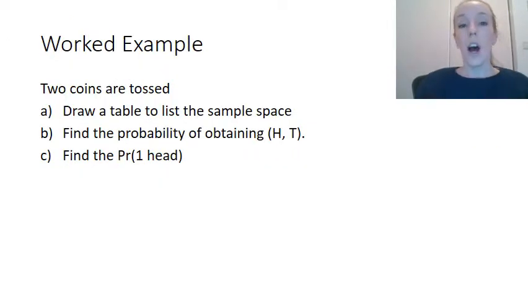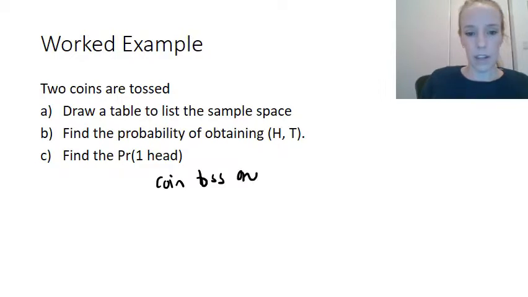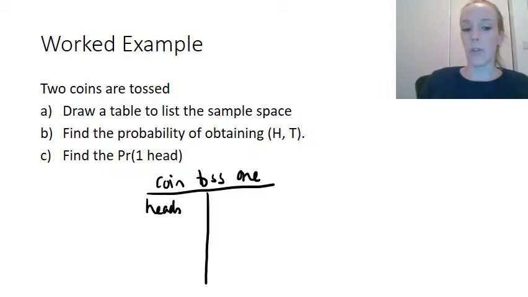Okay, so I'll do a bit of an example here, probably it will become a bit more clear. Two coins are tossed, so we're going to draw a table to list the sample space. Obviously coin toss 1. Ooh, I need to get practicing my writing there. Your 2 options for tossing a coin are getting heads or getting tails. That's all you could get.